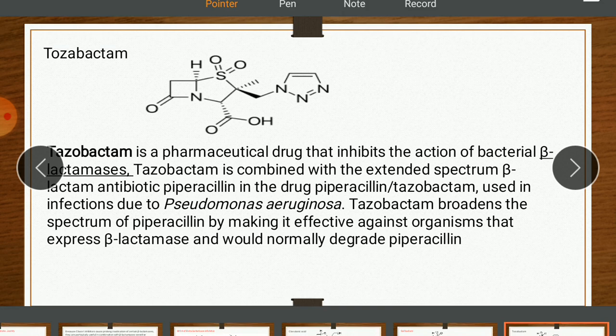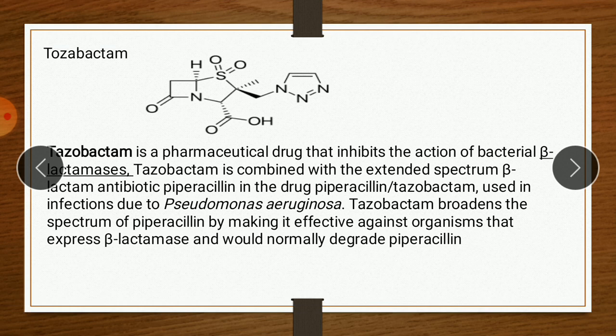And the last example of this class, tazobactam. It is the structure of tazobactam. Tazobactam is a pharmaceutical drug that inhibits the action of bacterial beta-lactamases. Tazobactam is combined with the extended spectrum beta-lactam antibiotic piperacillin in the drug piperacillin-tazobactam, used in infection due to Pseudomonas aeruginosa.